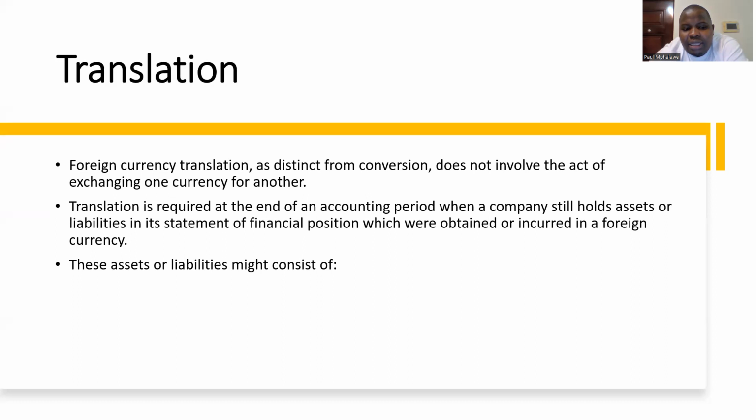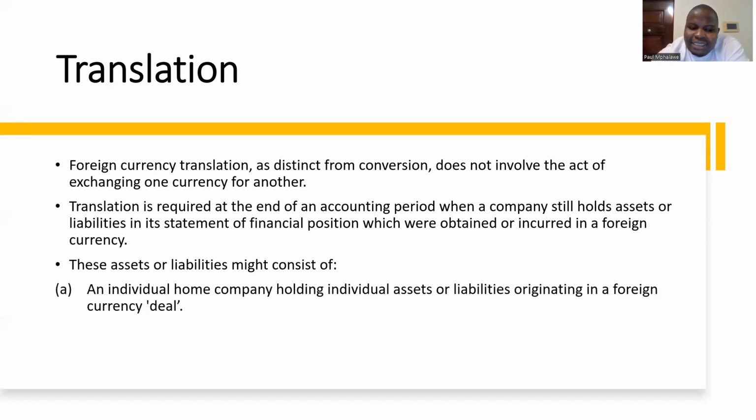Okay? These assets or liabilities might consist of, one, an individual home company holding individual assets or liabilities originating in foreign currency, say a Malawian company with foreign operations in Zambia, South Africa, Mozambique, but it's a Malawian origin company.